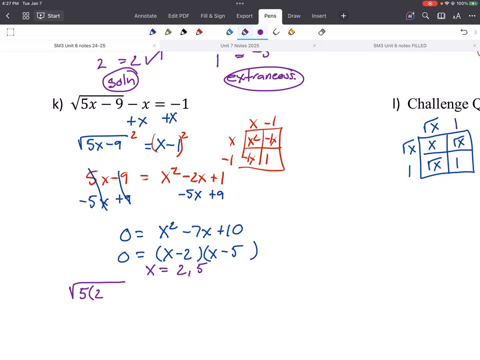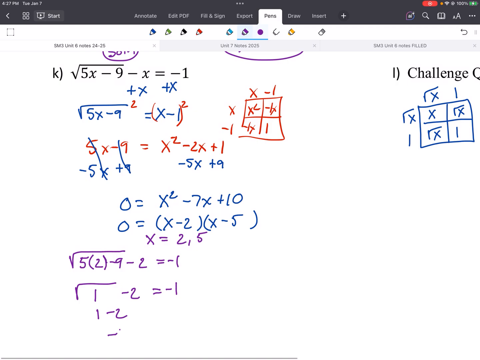So we'll plug in the 2. And then simplify. So 1 minus 2 is negative 1, and check. So that is one of our solutions, and then we'll do it again with the other.